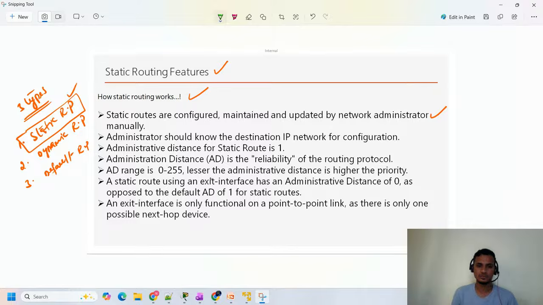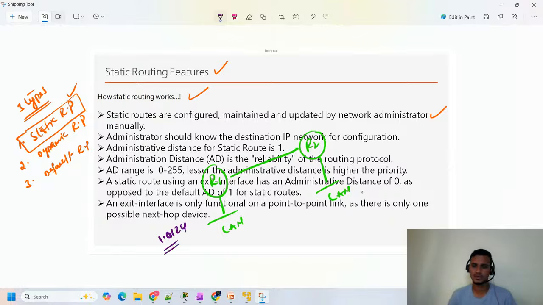Whenever you have router 1 going towards router 2, you will have a LAN network here and a LAN network here too. In router 1's LAN, you have a 1.0/24 network. This is your LAN network. Here you have a 2.0/24 network. Always take a simple network, so that you have a good understanding of the configuration part and the concept.